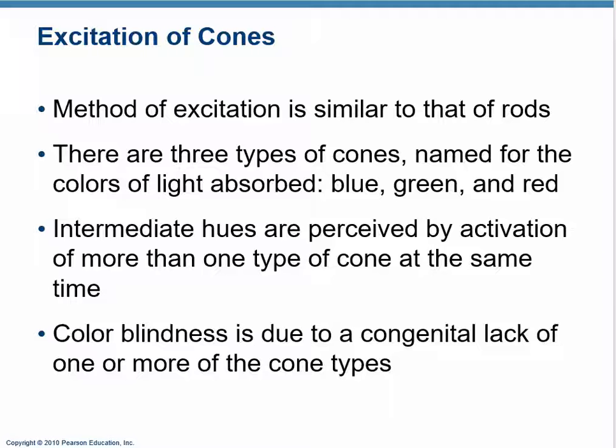So red and blue, you will perceive purple, etc. Barney taught you that. So if you're missing one of these, then you're going to be colorblind on that, and you won't be able to tell the difference between two colors.